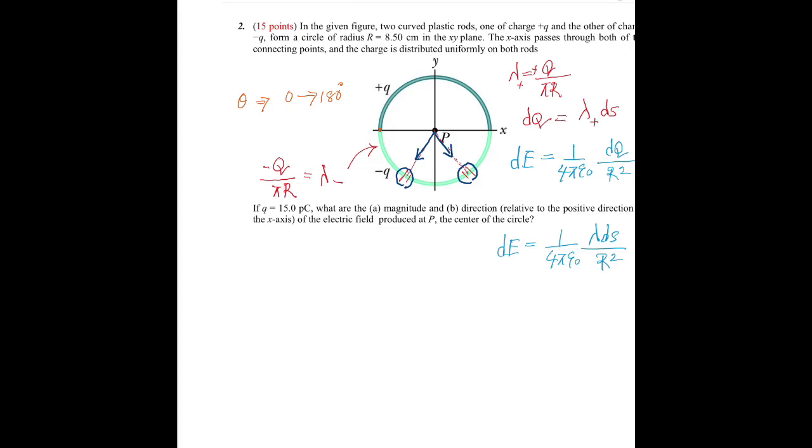So now we can see from the symmetry that the contribution to the electric field from the positively charged rod and the negatively charged rod is the same.